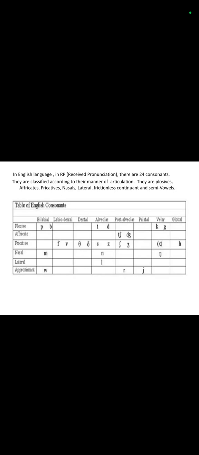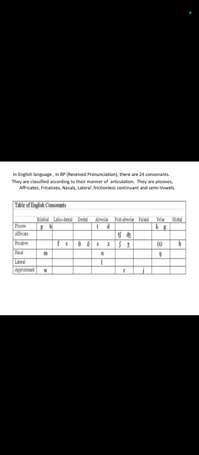In this table of English consonants, you can see vividly how the consonants are classified and their subcategories also. Bilabial plosives, where p and b belong.